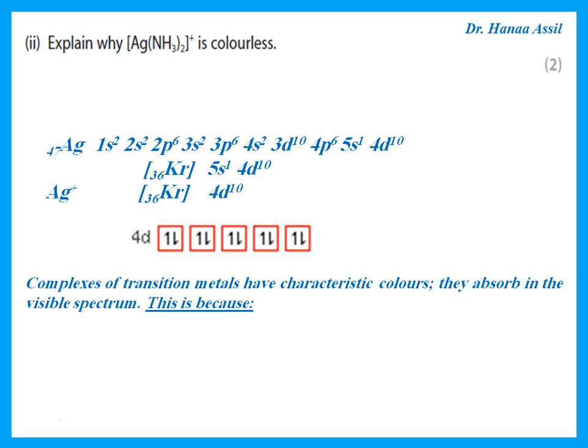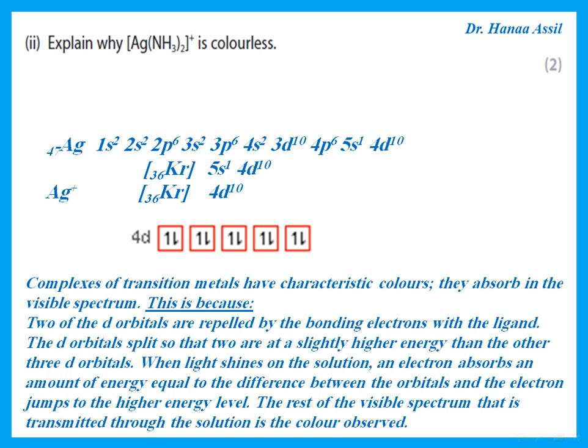Why is that? Remember that these 5 d orbitals are originally the same energy, so we call them degenerate. Now, when two of the d orbitals are repelled by bonding electrons with the ligand, they split so that two of the d orbitals are at a slightly higher energy than the other three.